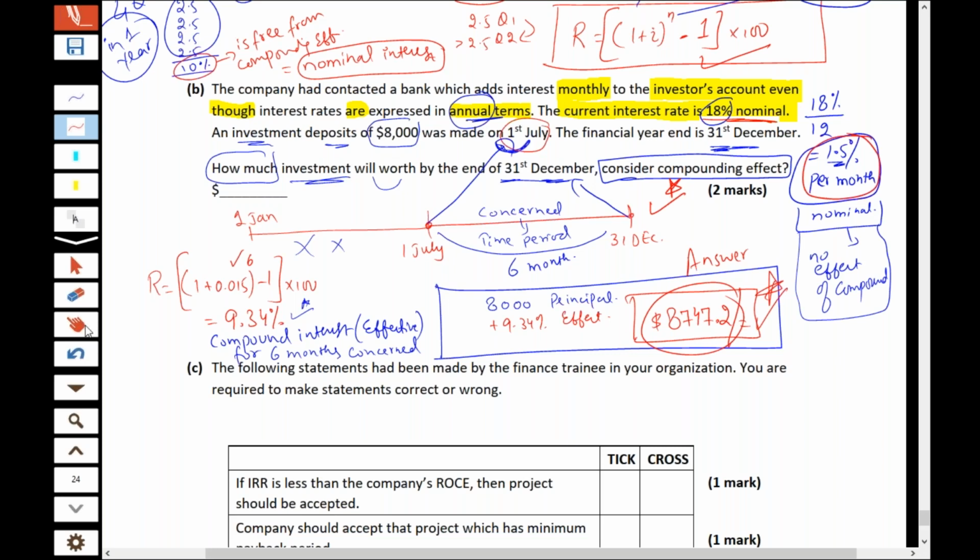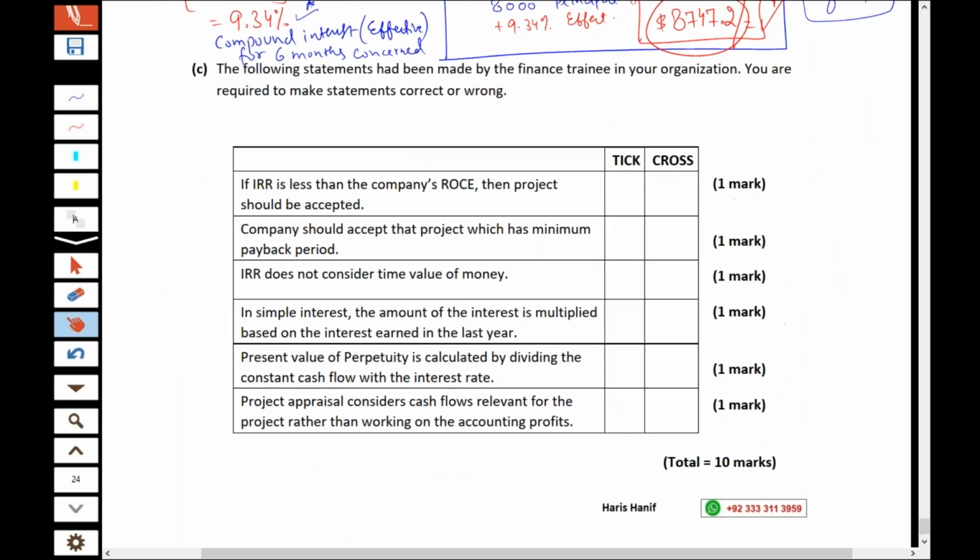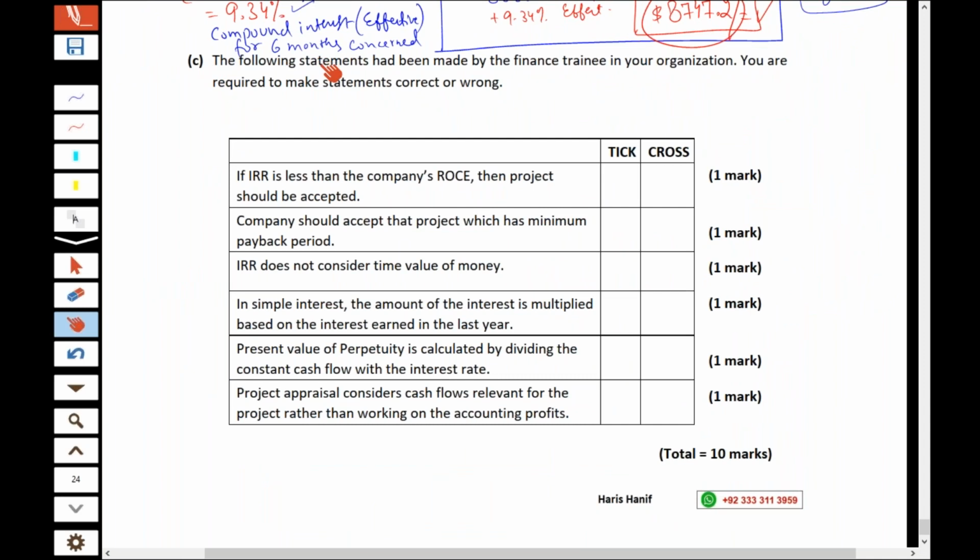All right. So now move on to the theoretical aspect of the questions. Part C here is that the following statements had been made about the finance trainee in your organization. You are required to state whether the statements are correct or wrong. Number one, if IRR is less than the company's ROCE, return on capital employed, then the project should be accepted.